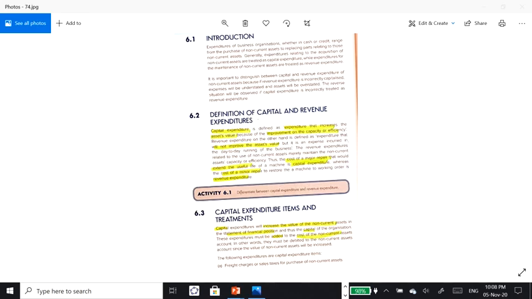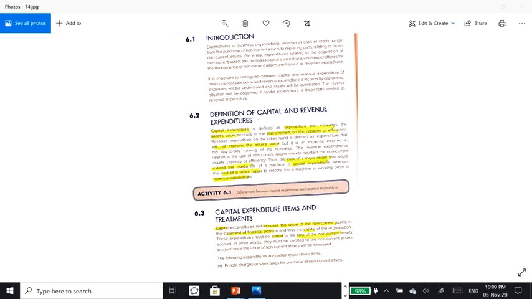The revenue expenditure related to the use of non-current asset merely maintain the non-current asset capacity or efficiency. Thus, the cost of a major repair that will extend the useful life of a machine is capital expenditure, whereas the cost of a minor repair to restore the machine to working order is revenue expenditure.